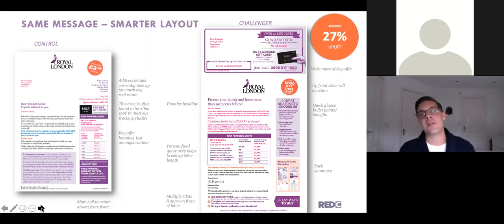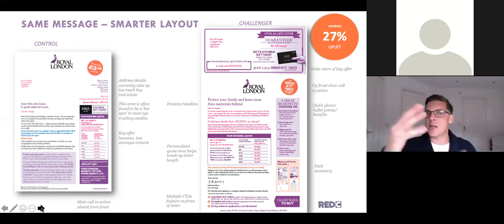On the right-hand side, we redesigned it so that you could look straight down the side of the letter, from top to bottom. You could understand what's being offered, how you buy it, five reasons why you should buy it, what else you'll find inside, and then three other ways that you can buy it.